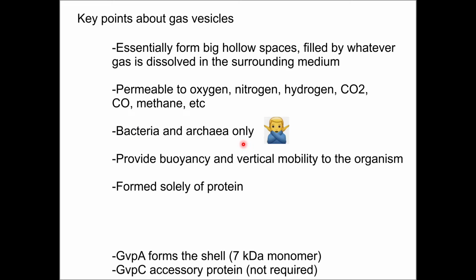So when an organism wants to float up, it produces these gas vesicles, and that helps it float up. It's formed solely of proteins, so there's no other macromolecule. Really, it's formed by one main shell protein called GVPA. And there's a secondary protein called GVPC, which is just an accessory structural protein. These are at least the two that are studied in the manuscript, but the paper also alludes to other versions of these proteins in different organisms.